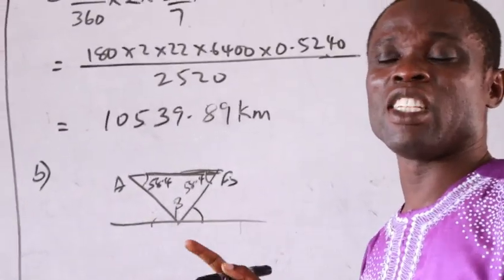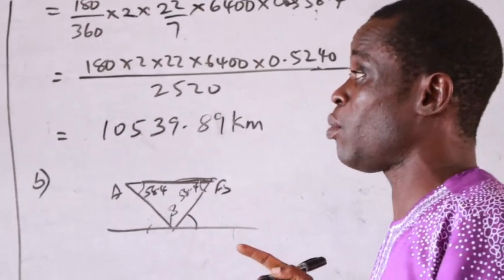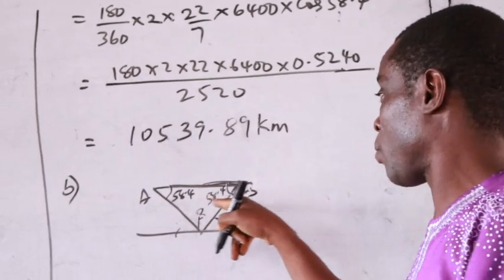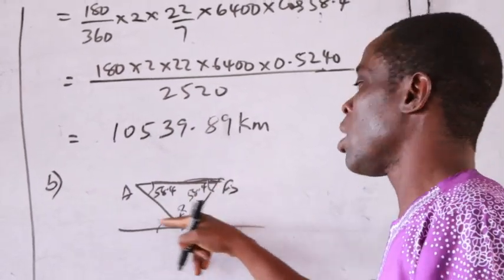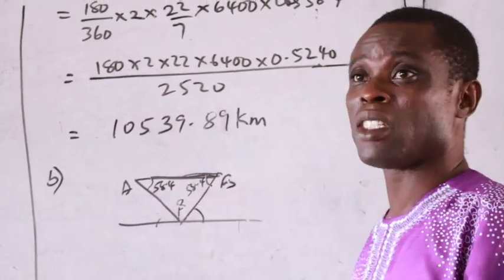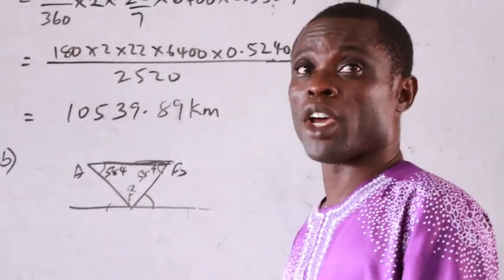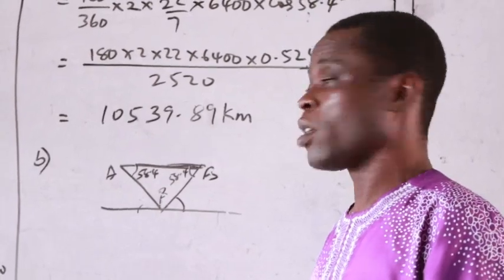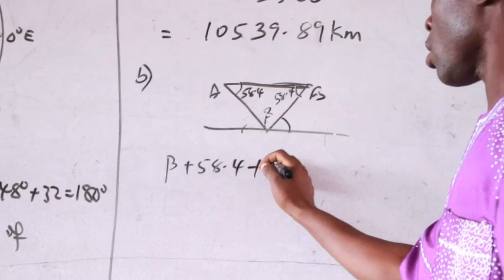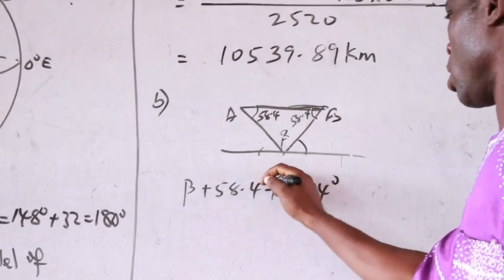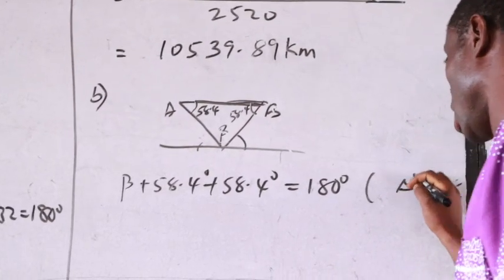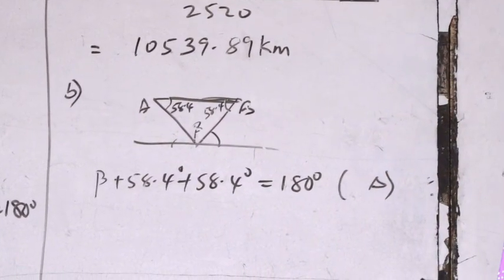I want to find the distance AB along the great circle, and I need to calculate this beta. You can say alternate angle, and still use angle on a straight line, or beta plus 58.4 equals 180, sum of angles in a triangle. Is that taken? Are you there?